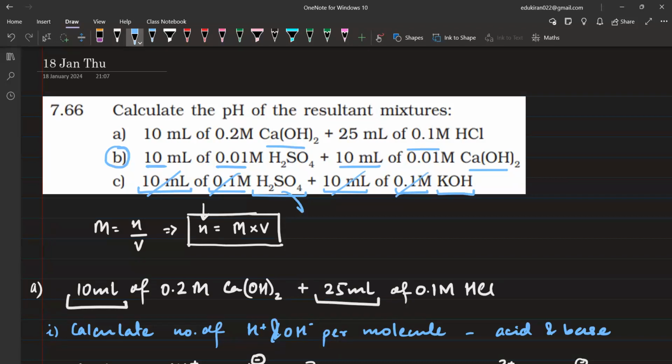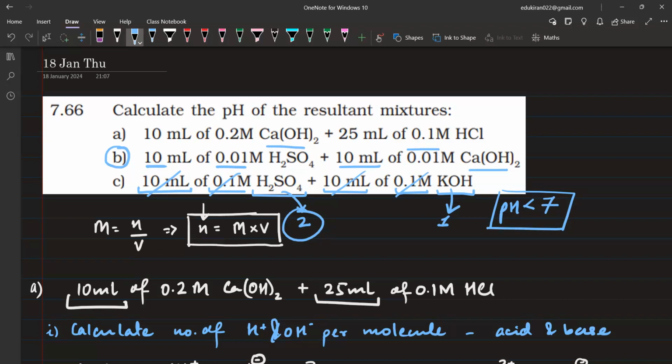From one molecule of H2SO4, how many H plus ions will we get? 2. और KOH से कितना बेस मिलेगा? 1. So obviously H2SO4 gives more, so it is going to be acidic. तो pH जो भी होगा, we don't know that pH, but the pH will be less than 7. Make sense? Yes, sir.